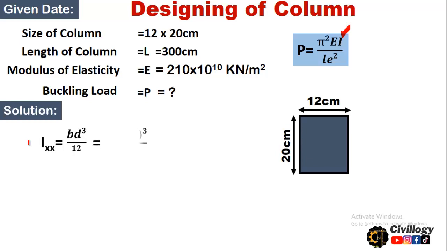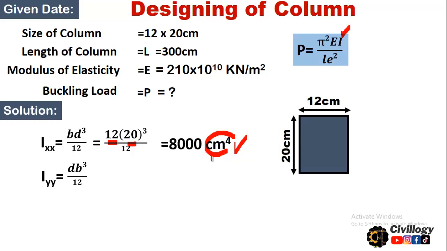Ixx is equal to bd cube divided by 12, where b is 12 and d is 20, and it is equal to 8000 centimeter power 4. The unit of moment of inertia is cm power 4. And Iyy is db cube divided by 12, and Iyy is equal to 2880 centimeter power 4.